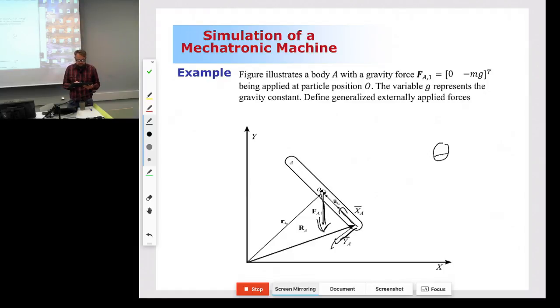The point where the force is applied is a point O. That's pretty much all we need to know. And we also need to know where the body reference coordinate system is located, so it's one end of the beam-like body. So then we just compute where the force is applied, and then create this mapping matrix. And with the help of the mapping matrix, we can define the generalized externally applied forces for this system.